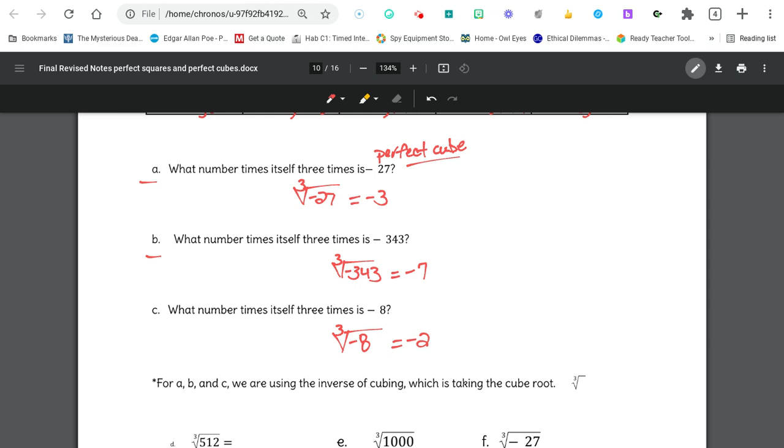So what I'm trying to get you to see is cube roots can only be positive or negative. They cannot be both.